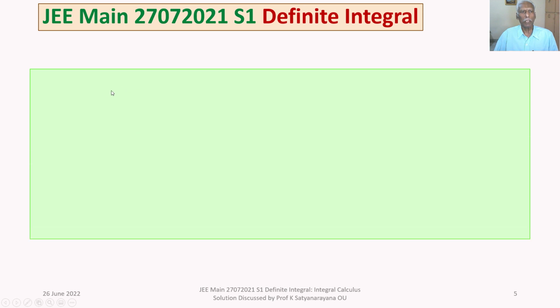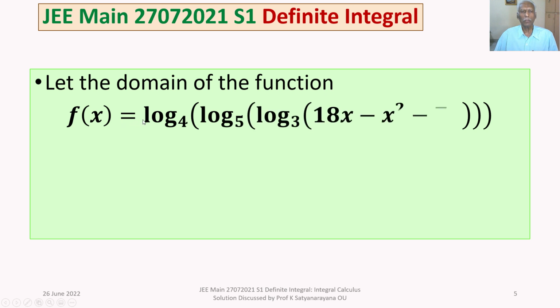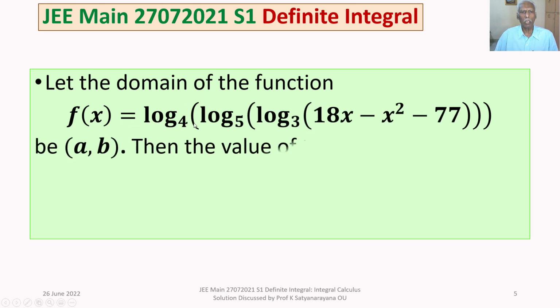The problem is, let the domain of the function f of x is equal to log to the base 4 of log to the base 5 of log to the base 3 of 18x minus x square minus 77 be the ordered pair a comma b.